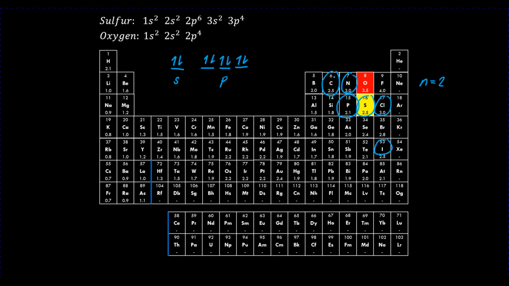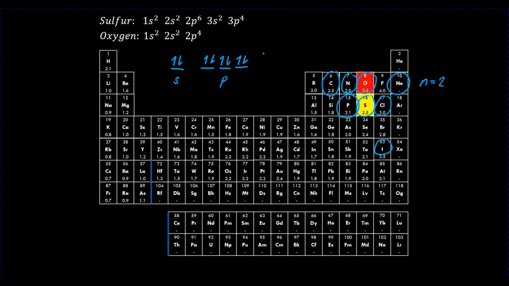That's why these elements, carbon, nitrogen, when they become the central atom, and oxygen in our example, will strictly follow the octet rule to have the same configuration as the noble gas neon. It's because of its electron configuration.